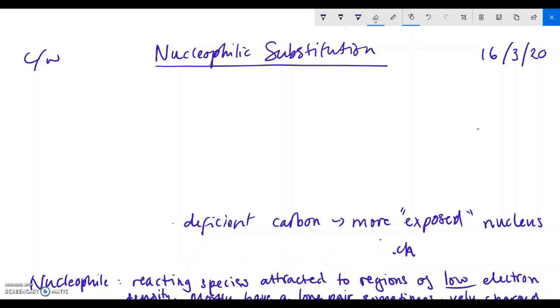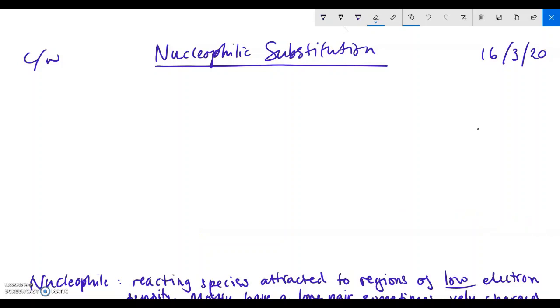So let's have a look at a simple case of the reaction of, let's go for, iodopropane and sodium hydroxide, and we'll do 1-iodopropane.